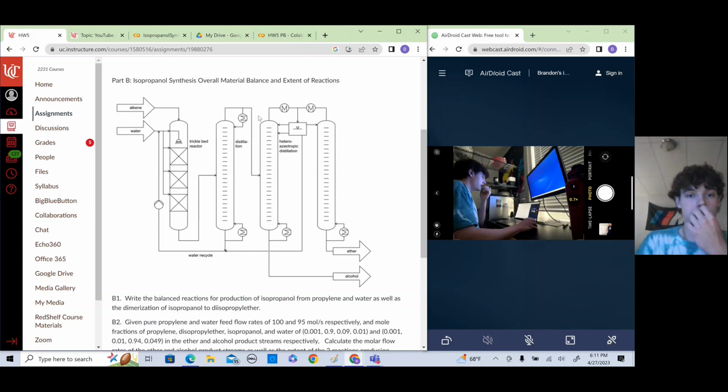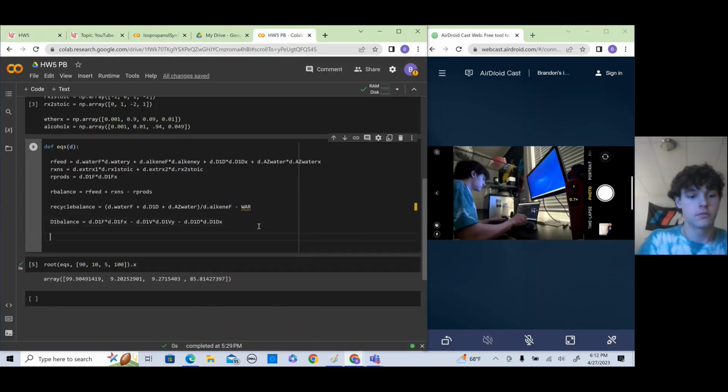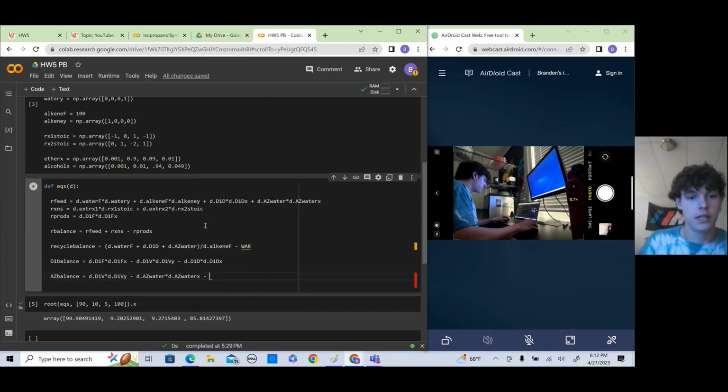And now we can move on to our AZ balance. The AZ balance will be equal to what's coming into our AZ, which would be this. Then what's going out would be our water that's getting recycled. What's also going out would be our products, the isopropanol and diisopropyl ether.